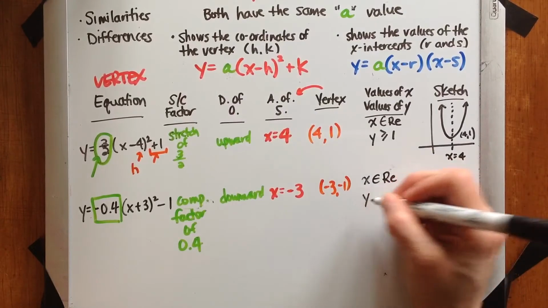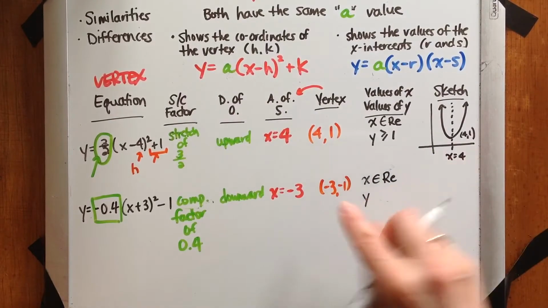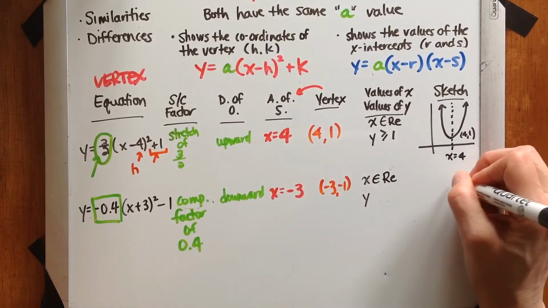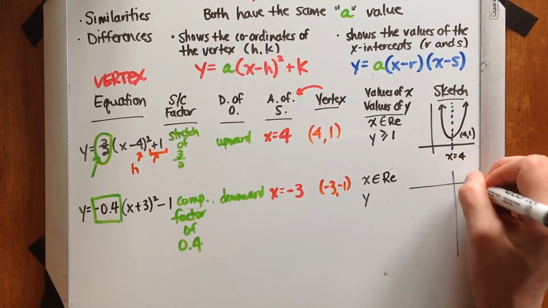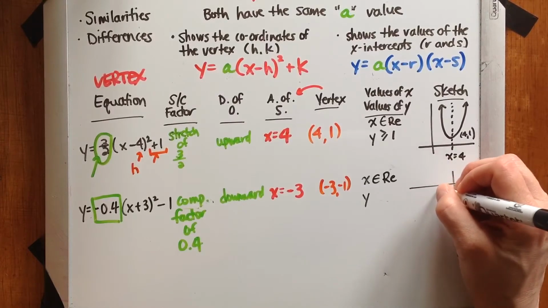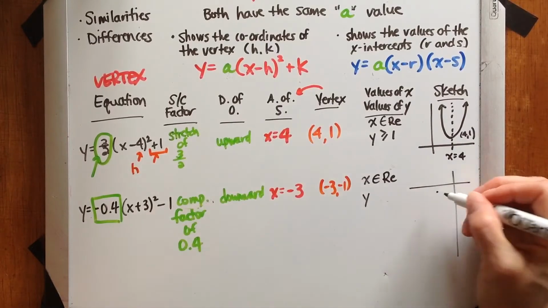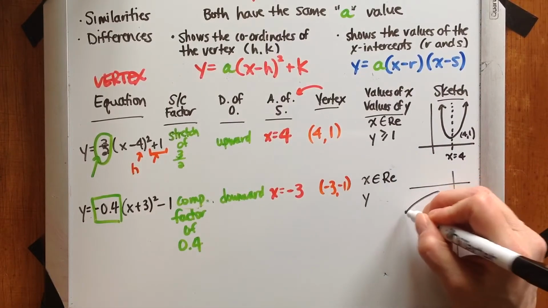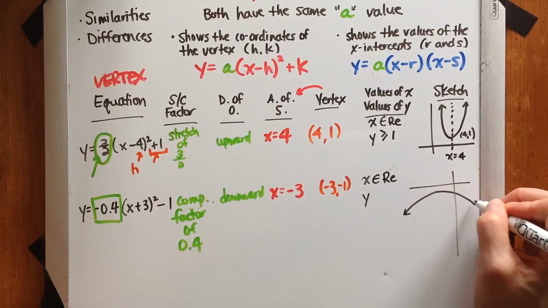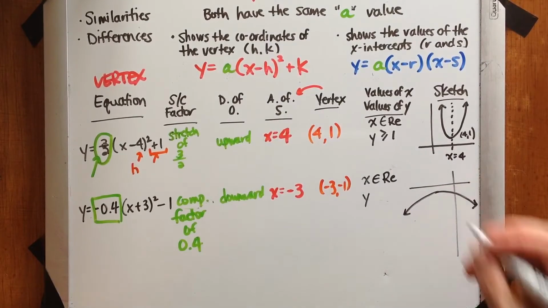Now, this time, this is a downward facing parabola, which means that if we sketch it out, we've got (negative 3, negative 1) as a vertex. So let's put it over here in the bottom left quadrant. Negative 3, negative 1 might be something like this. And it's a little more compressed than y equals x squared, where a has a value of 1, so I'm going to make it a little wider.